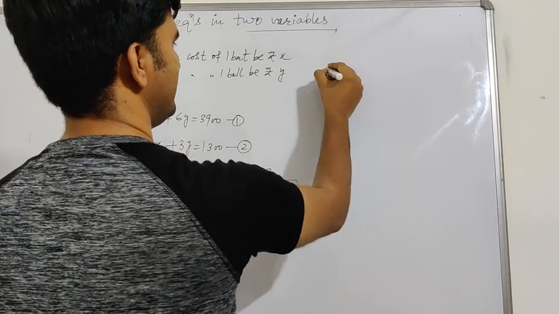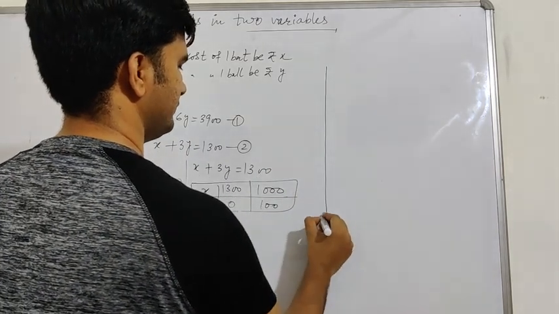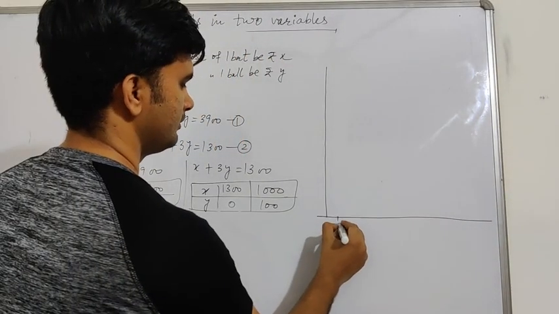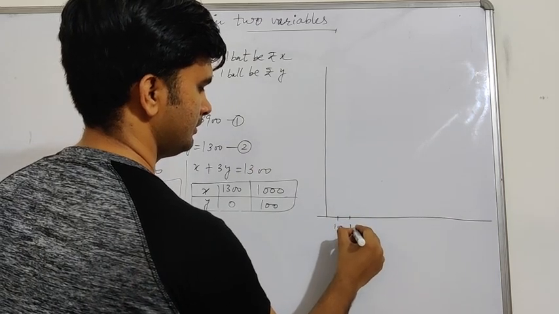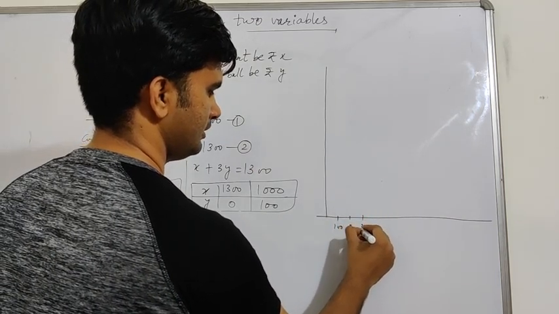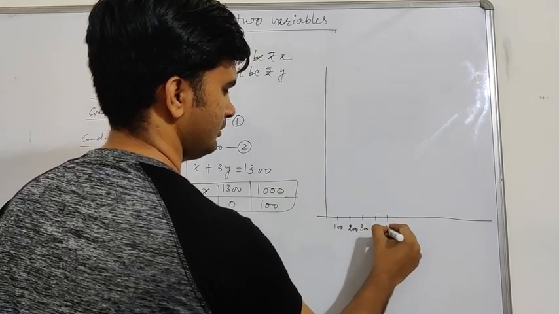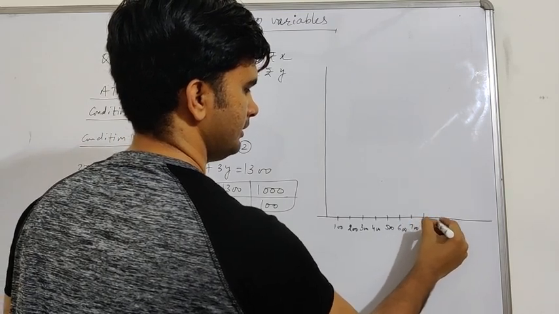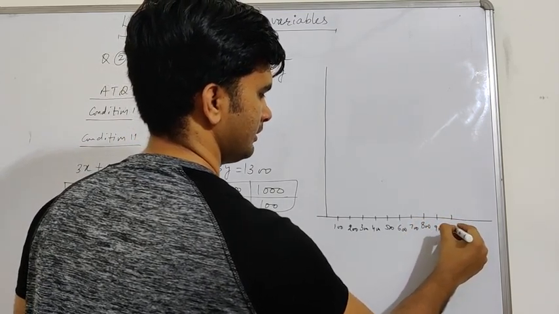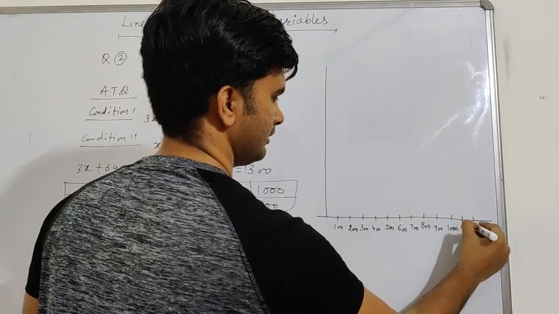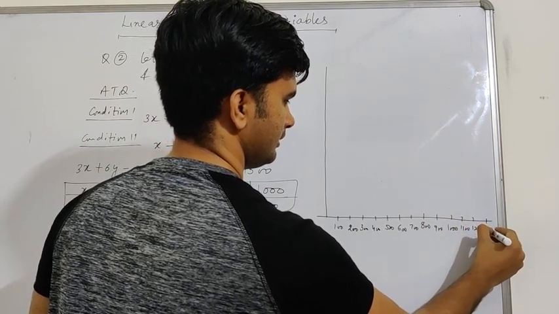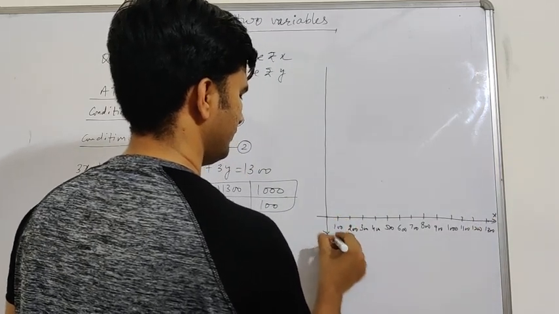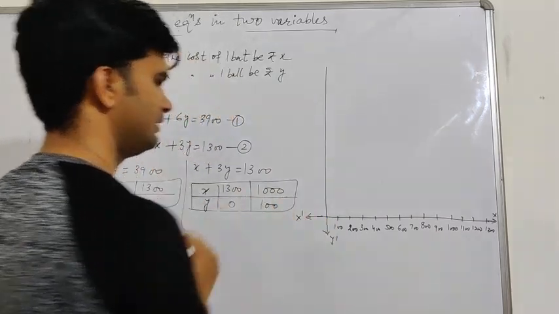Now how will we represent it on graph paper? No negative term is there. On the x-axis we mark 100, 200, 300, 400, 500, 600, 700, 800, 900, 1100, 1200, and 1300, with x dash on the other side.